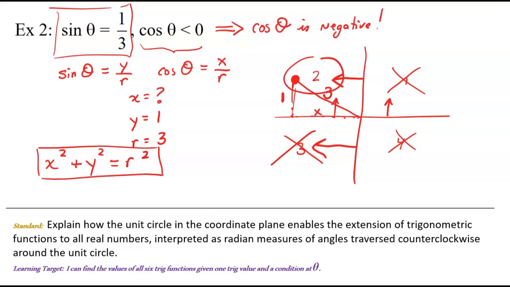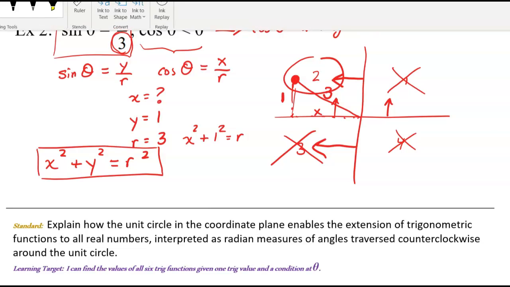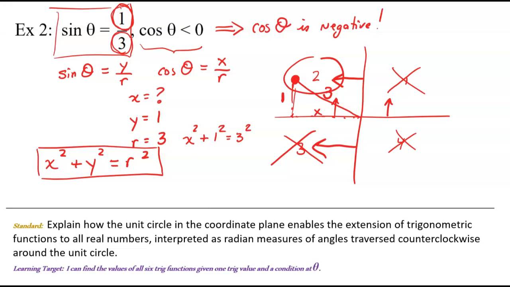That is always the Pythagorean theorem. The Pythagorean theorem is always hiding in these problems. I was given y, I was given r, and I have to find x. So I need to find x.